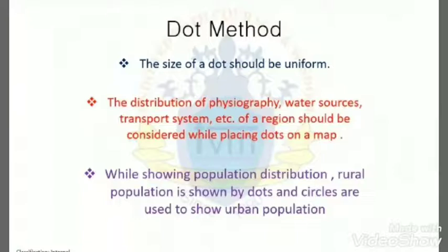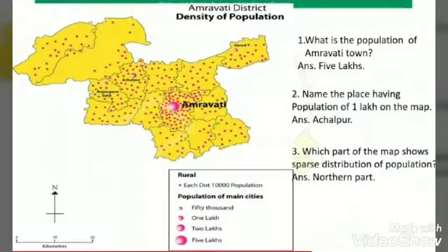That is, one dot is equal to 1 lakh people, as given in the index. The following precautions should be taken while using the dot method for a map. The first one is the size of a dot should be uniform, that is, it should be the same.